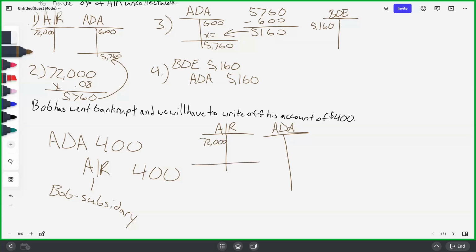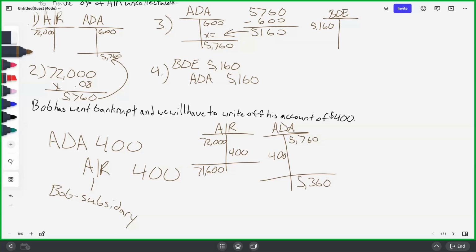And now we're losing 400, so we have 71,600. Over in ADA, we have now our new total, 5,160, and we're losing 400. So that's kind of it visualized through T charts.